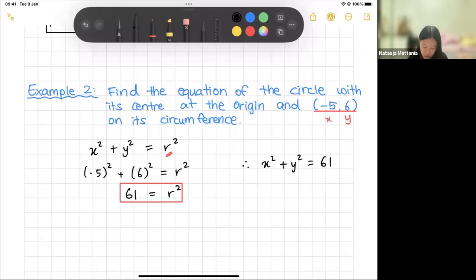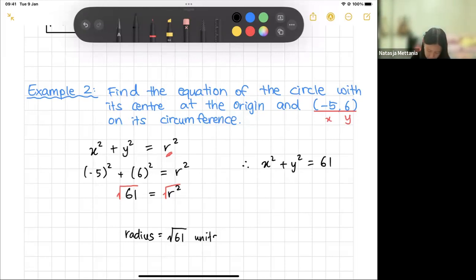Now, if the question asks me to find the radius, this is what I'm going to do further. I'm going to square root both sides. Then what I would have as my radius is root 61 units.